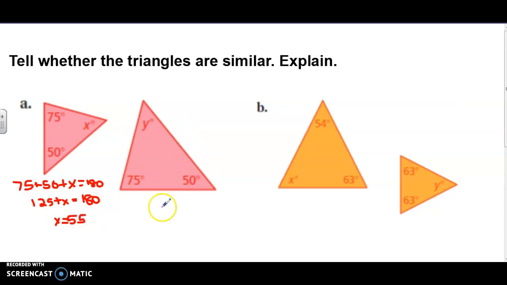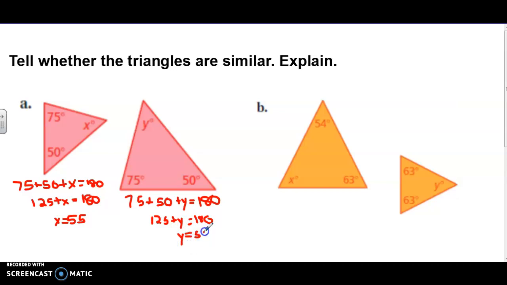Now with this problem, I would have the same exact situation, except instead of x, I would have y. So 125 plus y equals 180, and y equals 55.